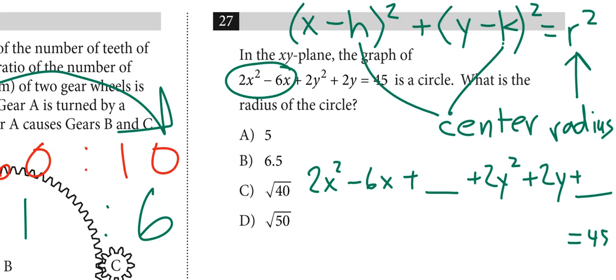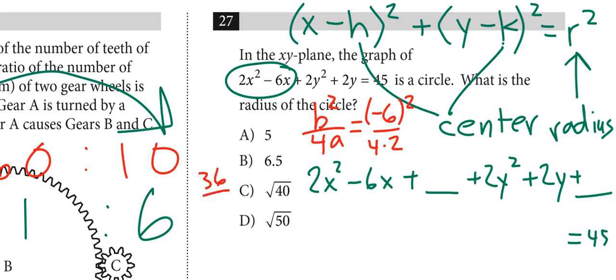So I always use b squared over 4a when I complete the square. In the first one, I would have negative 6 squared over 4 times 2. Negative 6 squared would be 36, and the bottom would be 8. What is 36 over 8 when we reduce it? Isn't that 9 over 2? Okay. So we would have to add 9 over 2 to the other side of the equation, too.